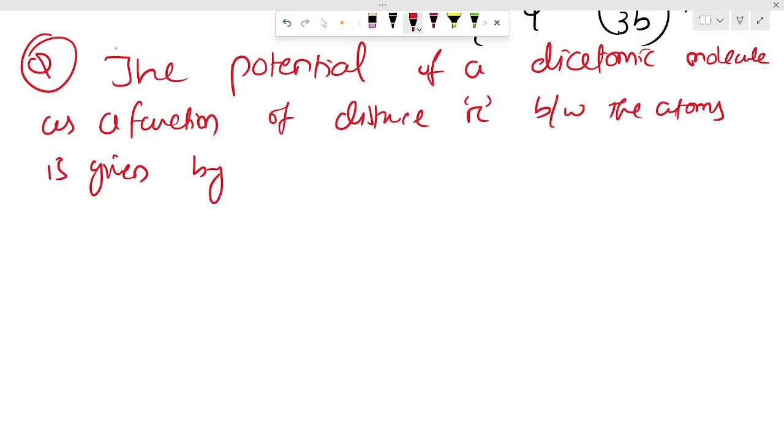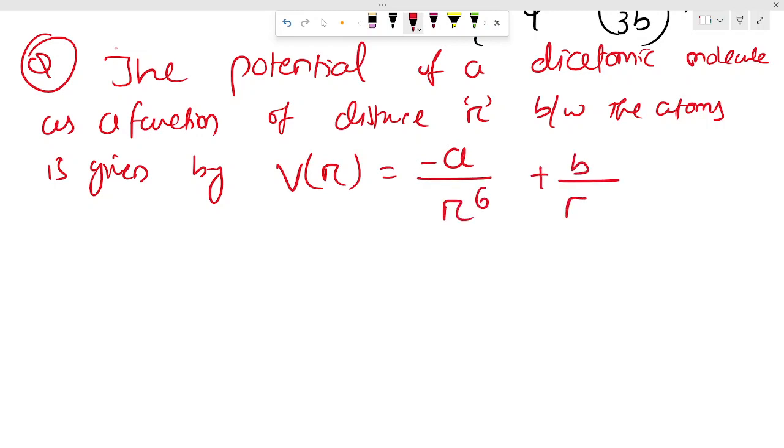R is the distance between the atoms. The potential is given by V(r) is equal to minus a upon r to the power 6 plus b upon r to the power 12.